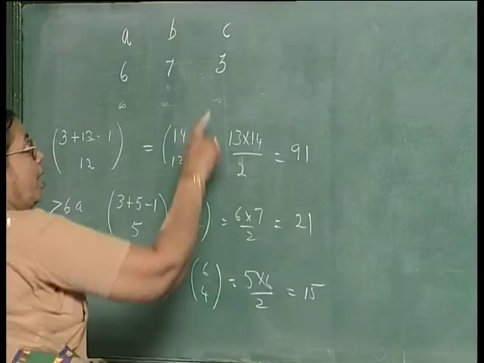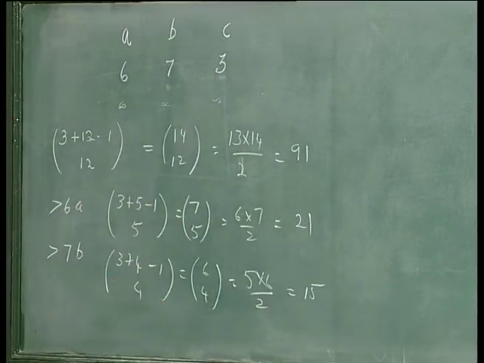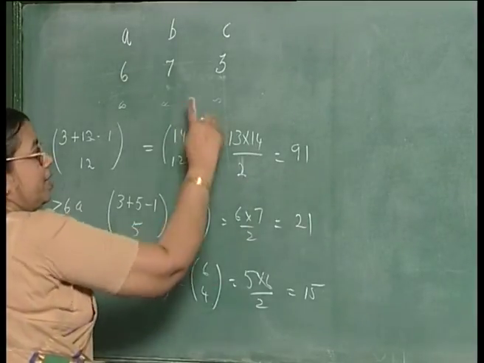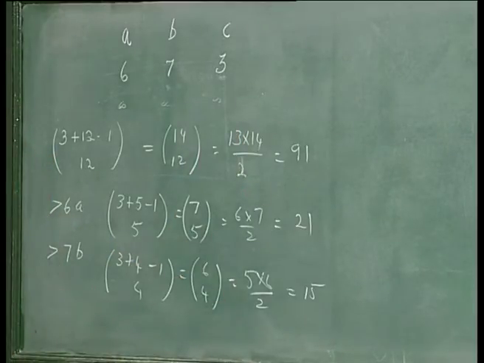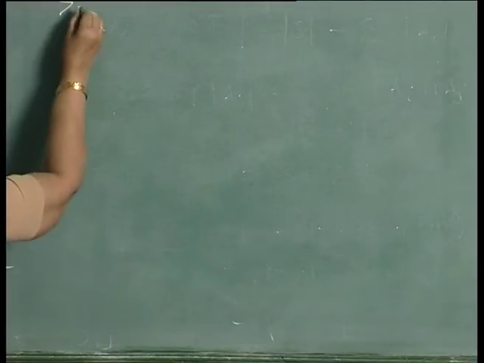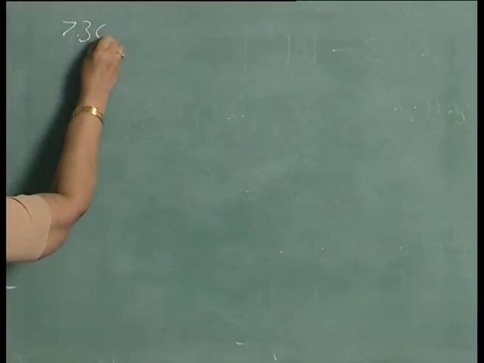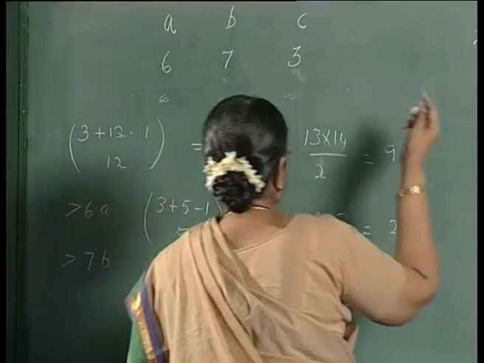Similarly, if I select 4 or more C's, such a selection is not possible. So, I have to subtract such selections, and that will amount to greater than 3 C's. If I select 4 C's, then the remaining 8 can be selected from this.